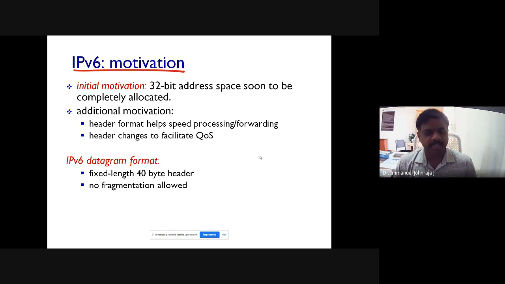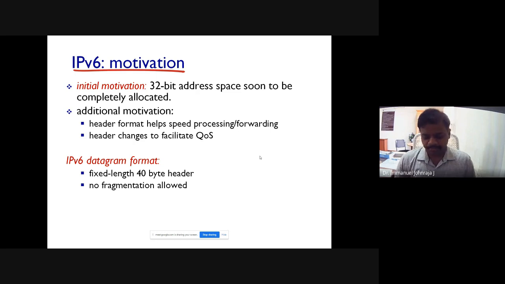So the IPv6 datagram format, in a nutshell, has a fixed-size 40-byte header. No fragmentation is allowed. What is fragmentation? In the IPv4 header structure you have fields like identifier and fragmentation offset, and a flag bit to indicate whether further segments are coming or not. But in IPv6 no such fragmentation is allowed.